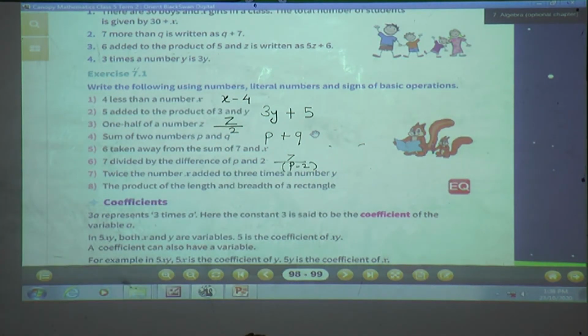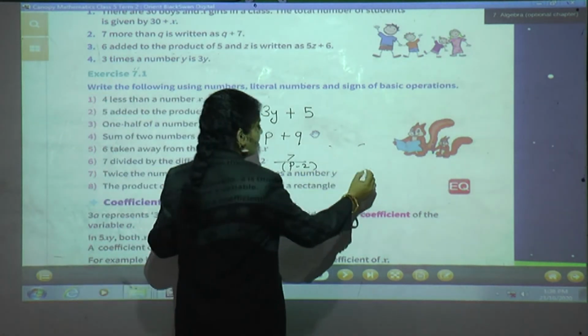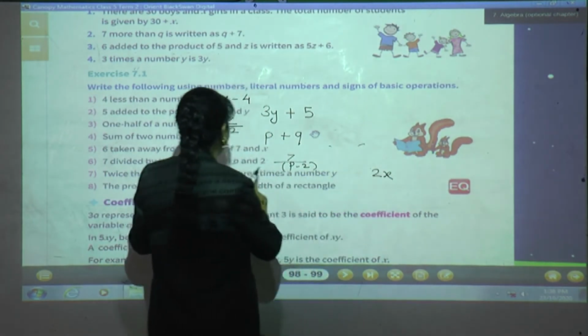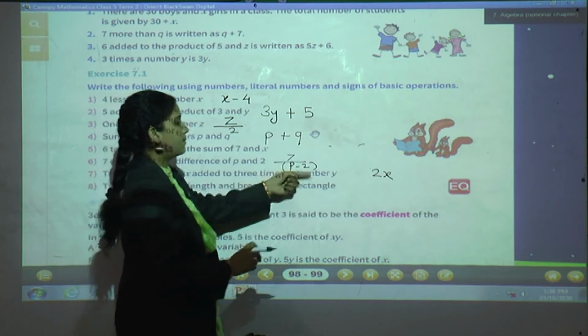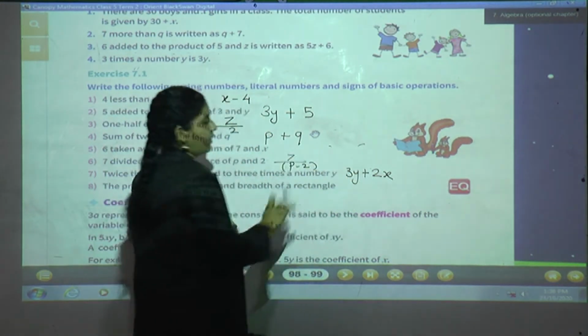Understood all of you? Now the seventh one, twice the number x added to 3 times the number y. Twice the number x means 2x, added to 3 times a number y, which is 3y.